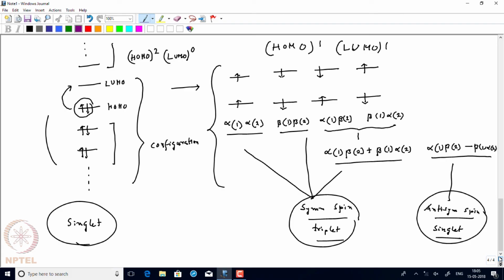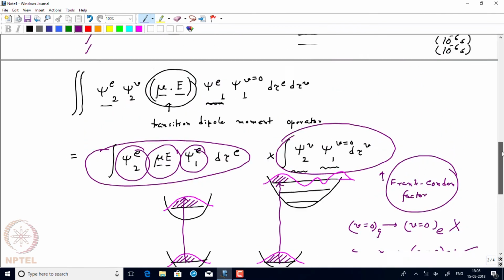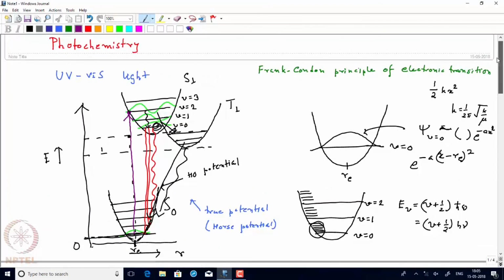Those 3 we call a triplet, which is the symmetric spin combination, and the one we call a singlet, which is the antisymmetric combination. So I will have a singlet state and a triplet state, but usually the triplet is lower in energy than the singlet state, the way we have drawn it. This is the excited triplet, this is the excited singlet, and this is the ground singlet.